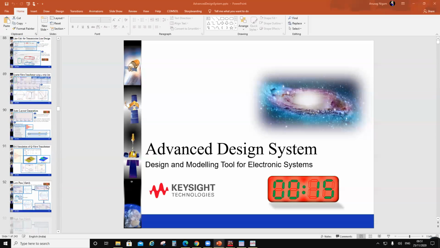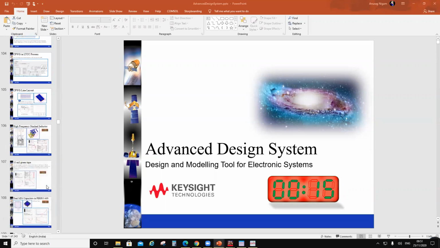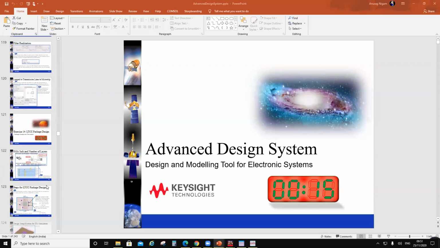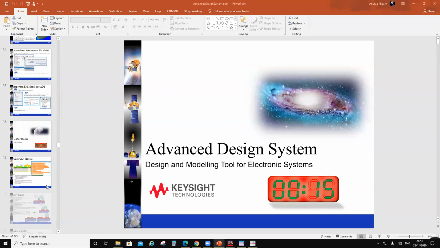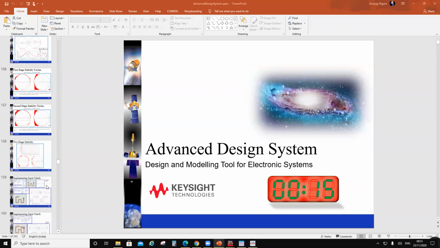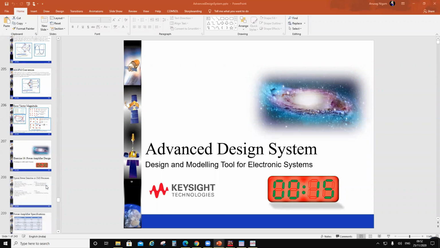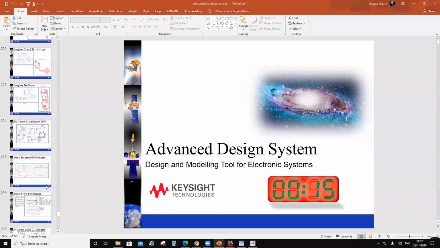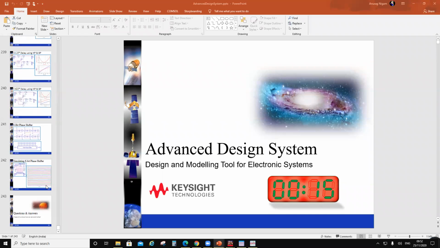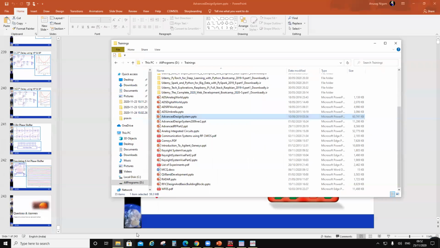Smith chart, Gilbert cell, way down. Oh, not over here. Just one second.